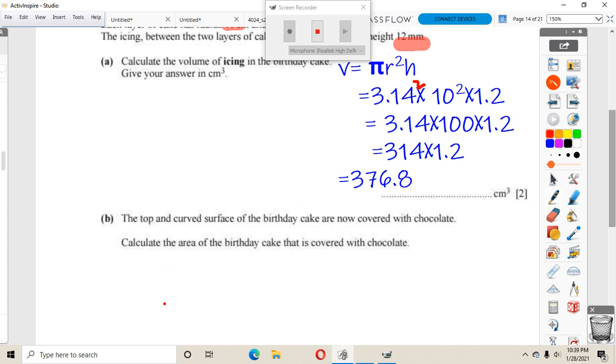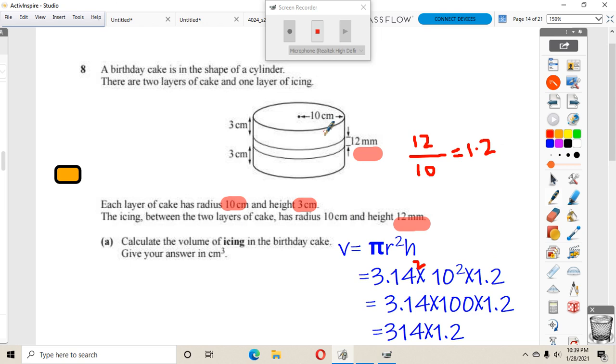If we check the birthday cake again, covered with chocolate like this, let's say its top, this one, covered with chocolate, it gives pi r square, and then this one, the curved surface area. The curved surface area of the cylinder is 2 pi r h. Okay, it means we have 2 pi r h, this part, and then pi r square to find.